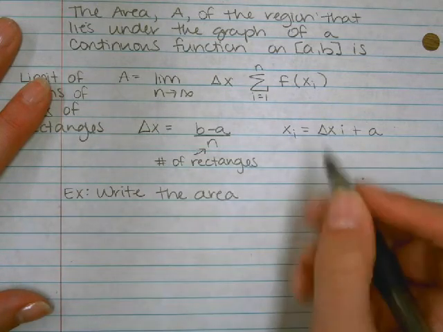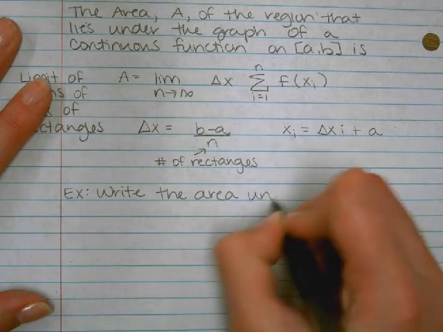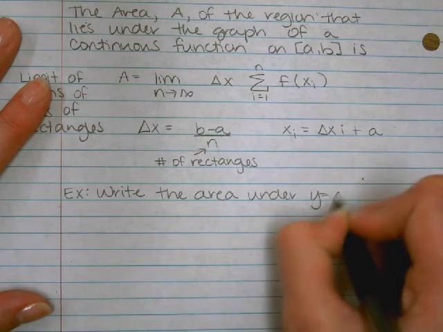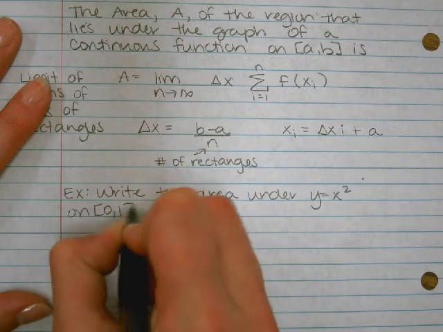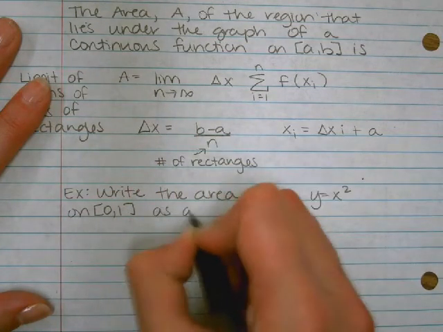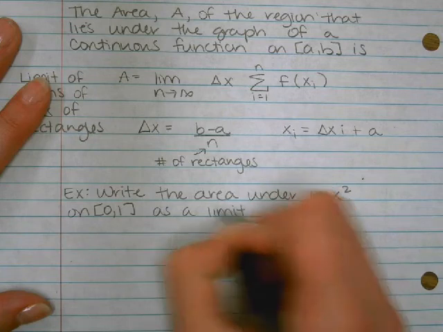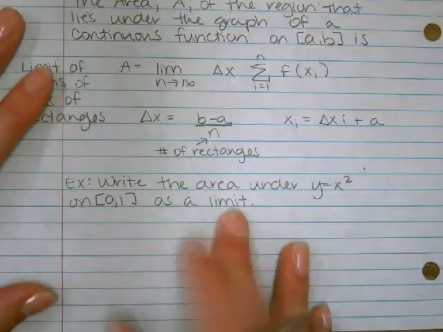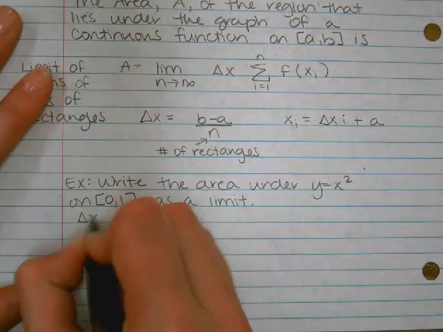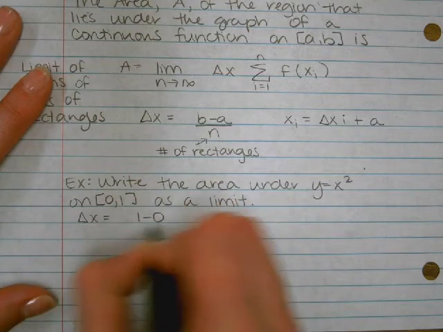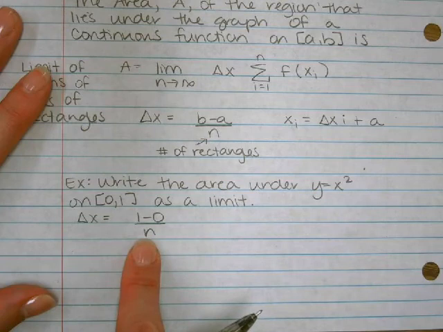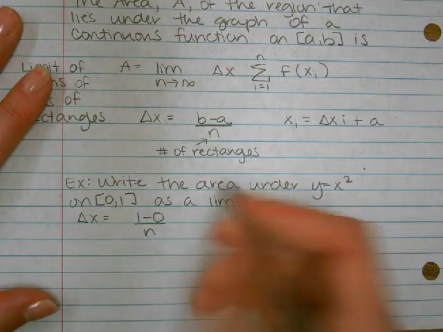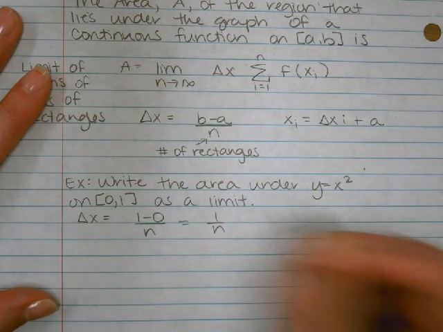So write the area under y equals x squared on [0, 1] as a limit. We're going to find our delta x first, which is b minus a divided by n, the number of rectangles, which is just 1/n.